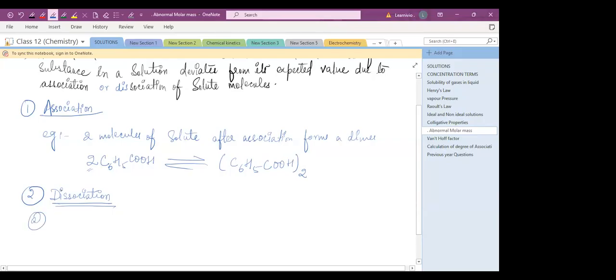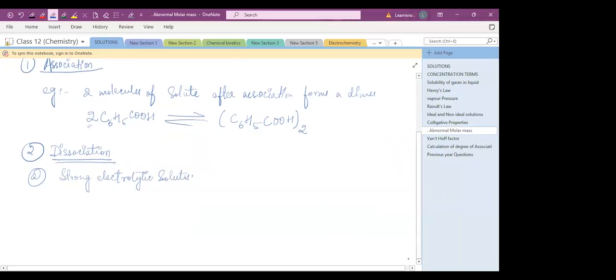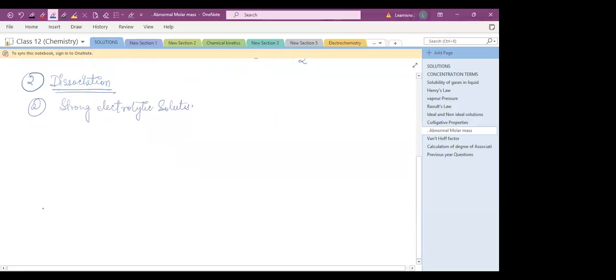In the case of strong electrolytic solutes, let's see what will happen. First case. Second case, in the case of weak electrolytic solutes.